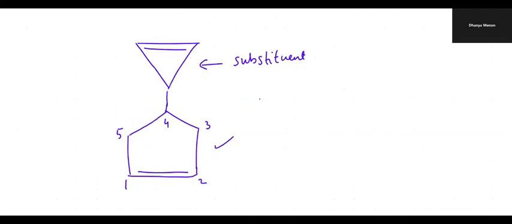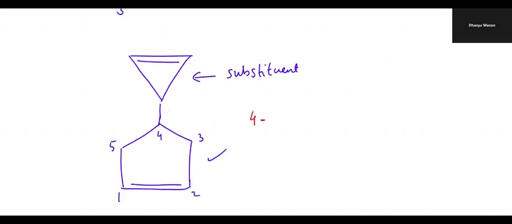Now the substituent is also a cyclo group. So this also we have to number, because if we just say cyclopropyl group, we are not able to specify this double bond. So in order to specify the double bond, we have to number this also. 1, 2, 3. Why did I put this number 1? Because here the carbon atom that is connecting to the main chain is always given number 1.